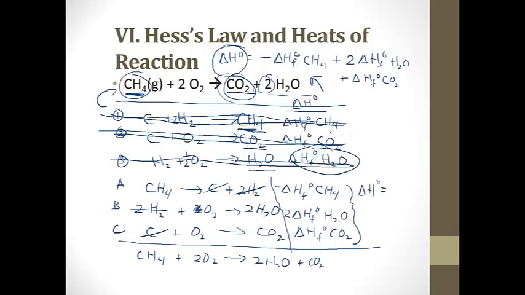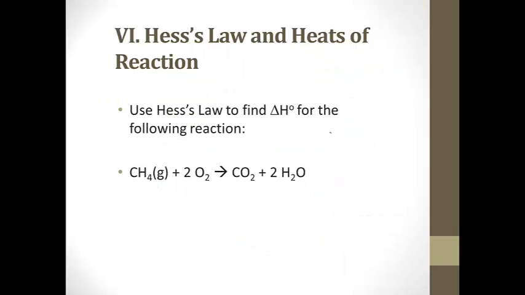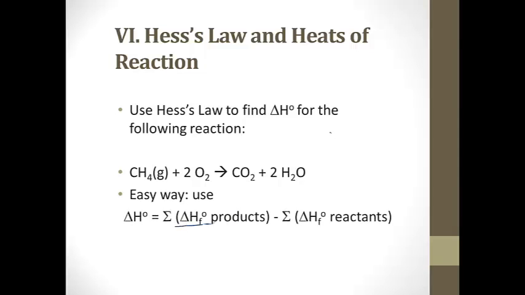Okay, now that's the long way to do it. Okay, the short way would have just been use the sum of the heats of formation of the products minus the sum of the heats of formation of the reactants, meaning it just would have been equal to the heat of formation of CO2 plus 2 times the heat of formation of H2O minus the heat of formation of CH4.